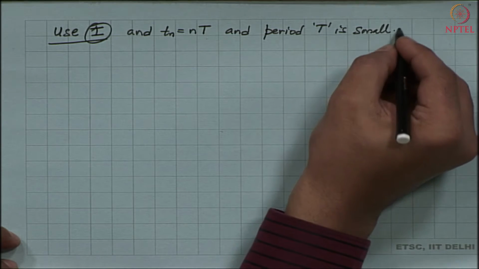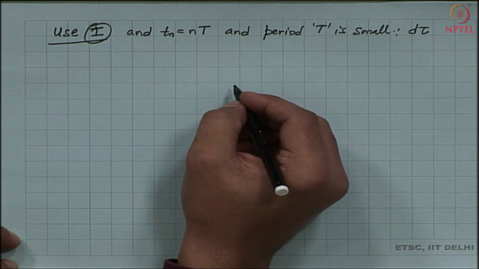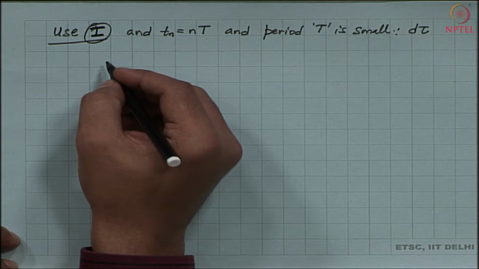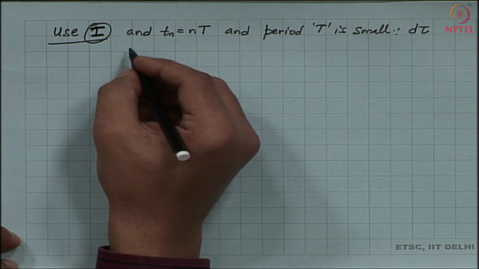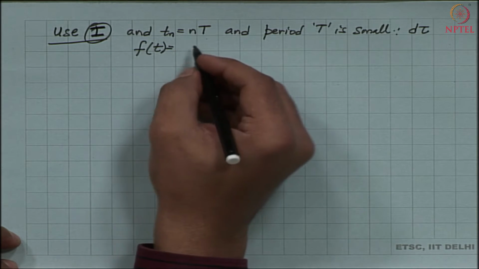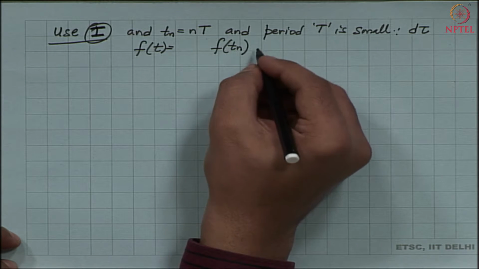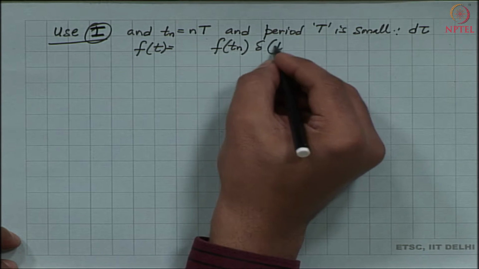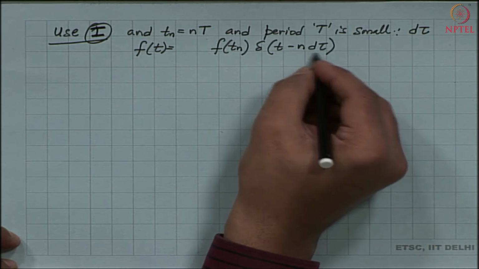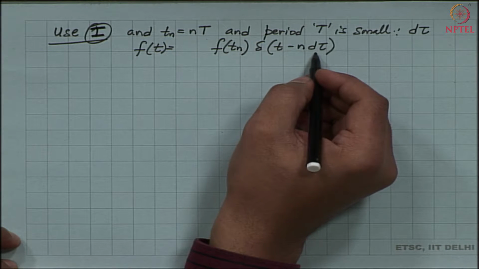Let us say I denote the small period as d tau. Then, using my expression 1, I come to the conclusion that f of t is equal to f of t n times delta of t minus n d tau. My period is small, given by d tau. So, this is t minus t n.